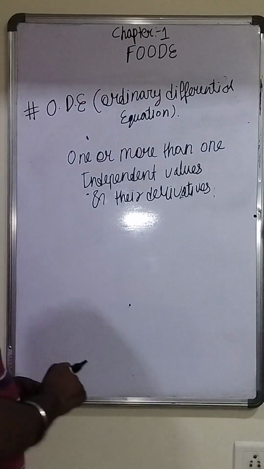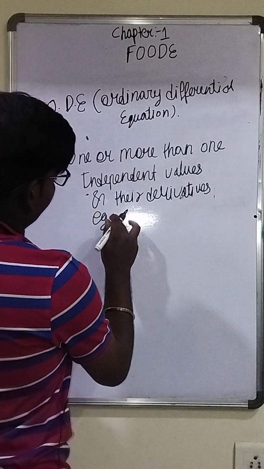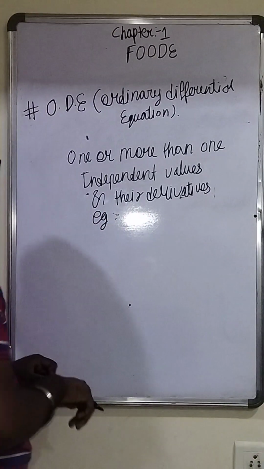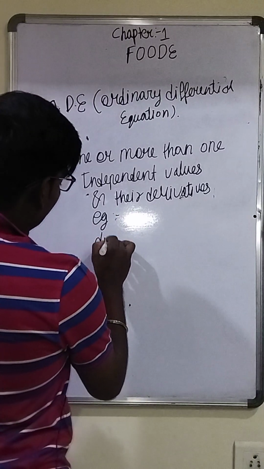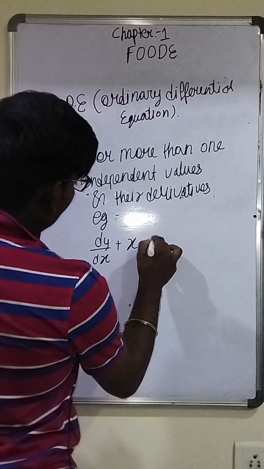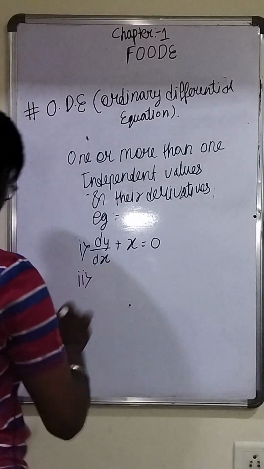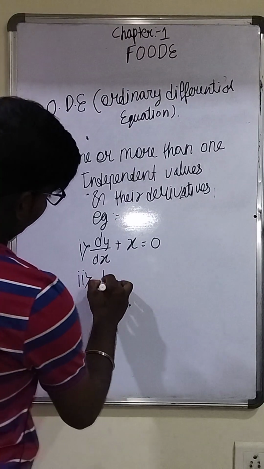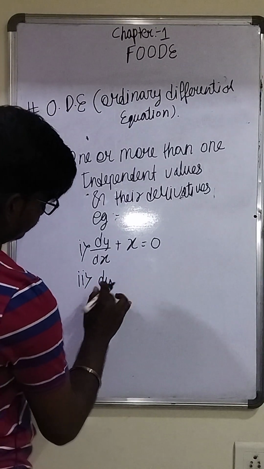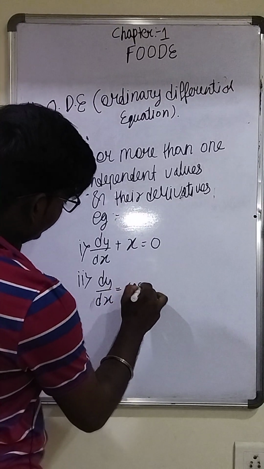We will see some examples. Number one is dy by dx plus x equal to 0. Next is dy by dx equal to cos x.